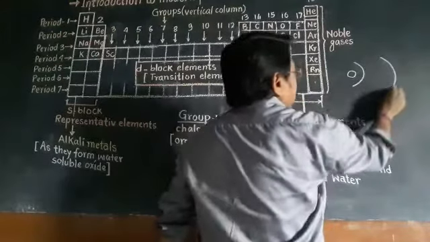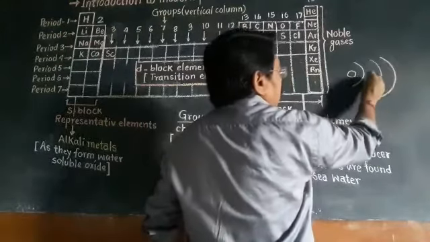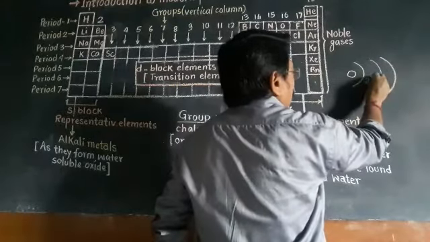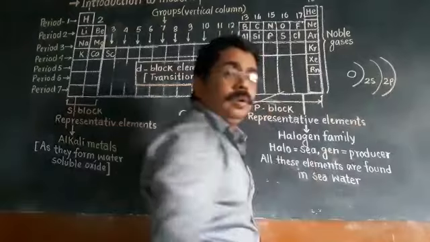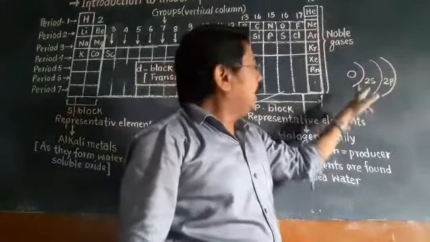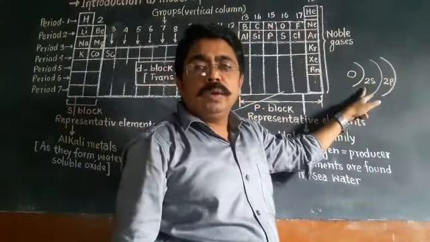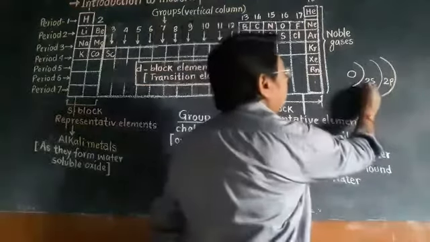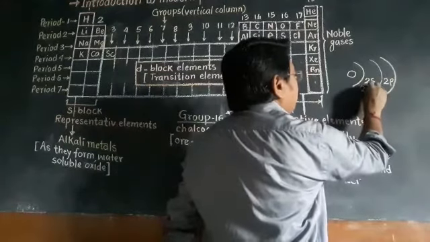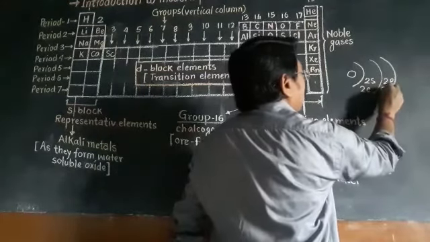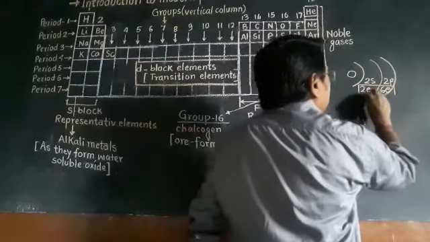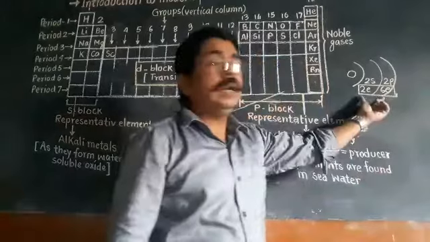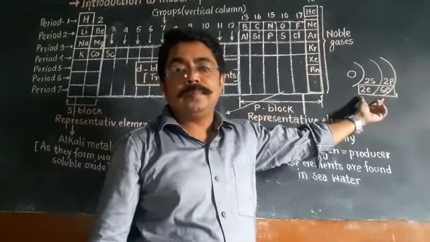In second shell, there will be 2 orbitals, 2s and 2p. Understood? In s orbital, how many electrons can be filled? Maximum 2 electrons. And in p orbital, how many? 6 electrons. This is the reason why in second period there are 8 elements.